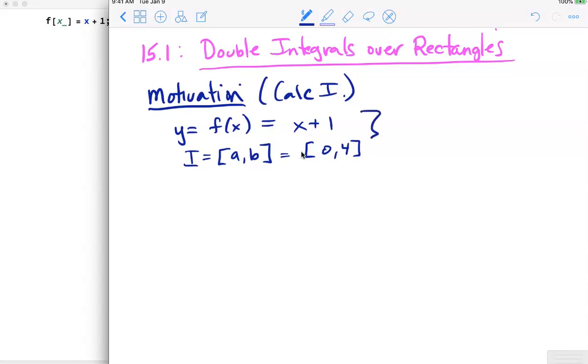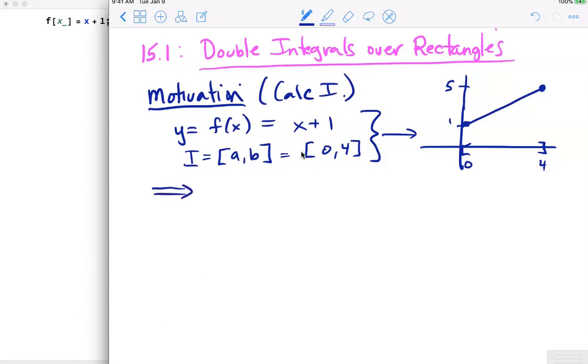And then once you had a function on an interval, you could create a graph of that function. You would create a straight line, x plus 1, and then on the interval 0 to 4, the function would be up here at 5. So here is our function, and in Calculus 1, we introduce the definite integral notation, the integral from a to b of f of x dx.